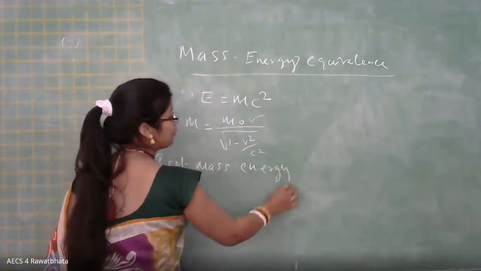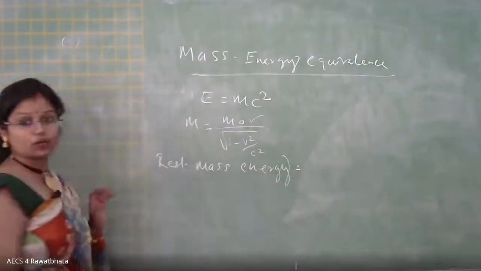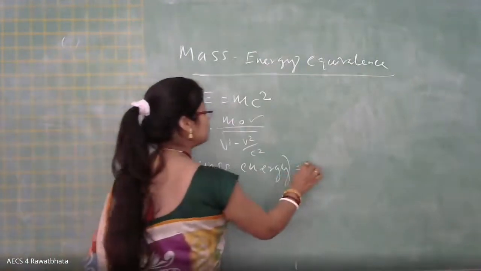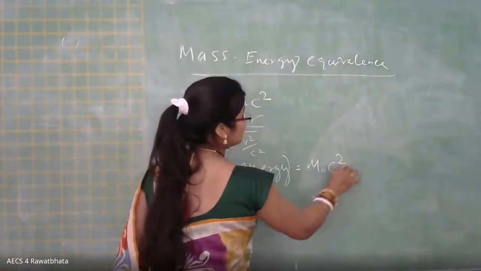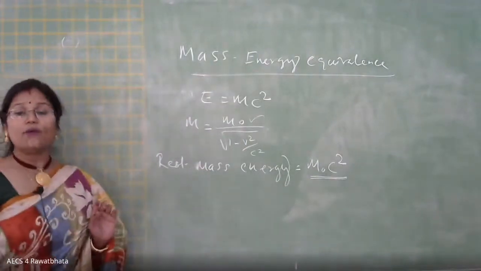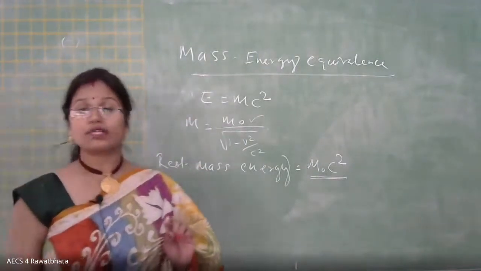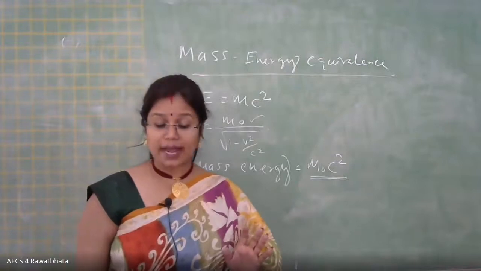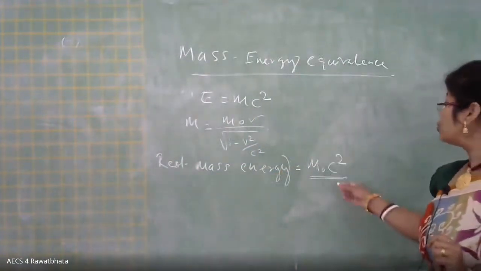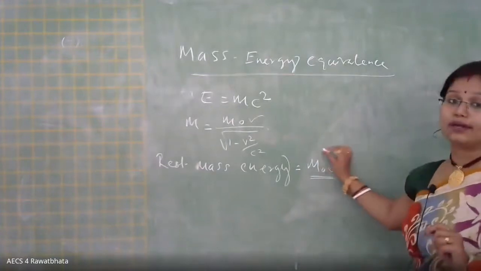And if you're talking about the rest mass energy of the particular atom or the nucleus, the rest mass energy will be your m naught c square. Means the rest mass into c square, where c stands for the speed of light, since you know that it is 3 into 10 to the power 8 meter per second, dear. So here this quantity will be a huge quantity, dear.